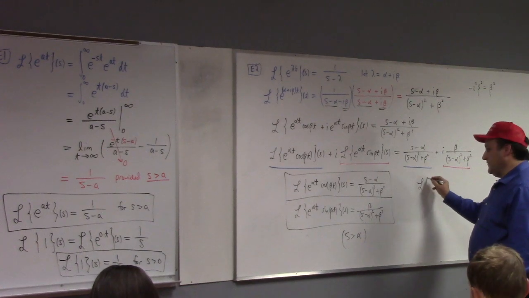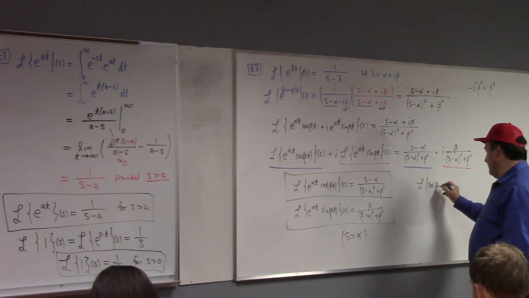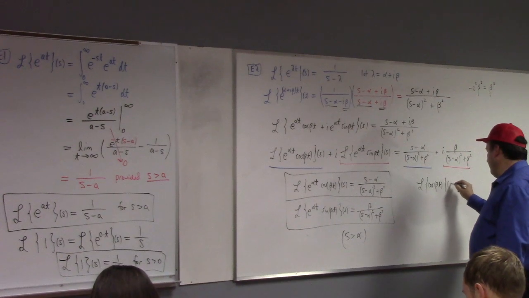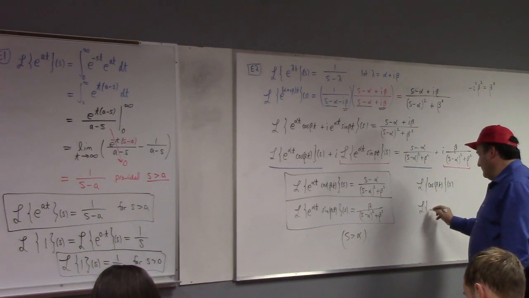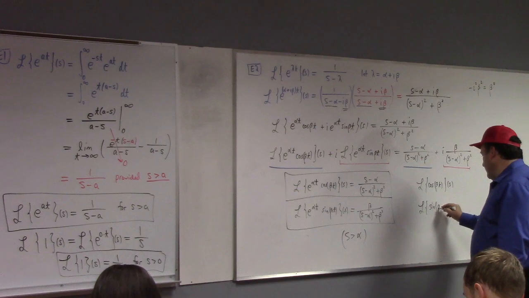What's the Laplace transform of just cosine of beta t? What's the Laplace transform of sine beta t?